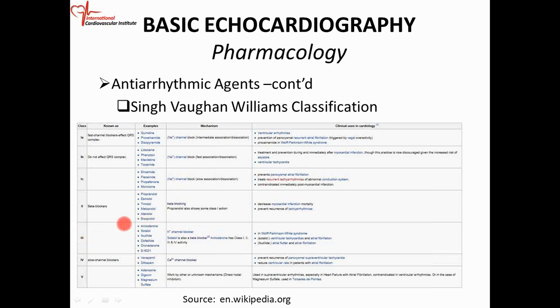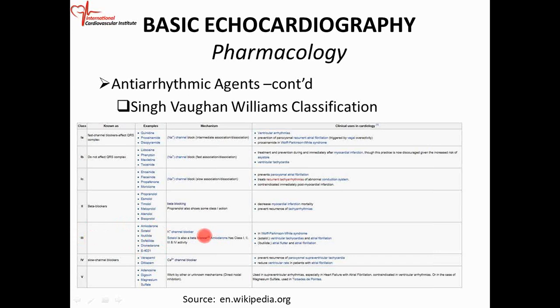We use amiodarone, sotalol quite extensively. Dofetilide, the other name for that is Tikosyn, we use that to a fair extent as well. So your class 3 is your potassium channel blockers. Okay, but some of these, like sotalol and amiodarone, have beta blocking properties.